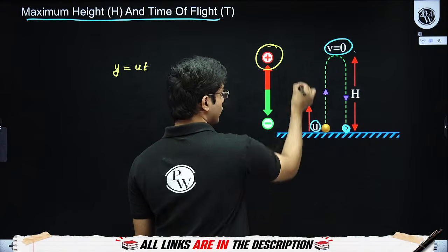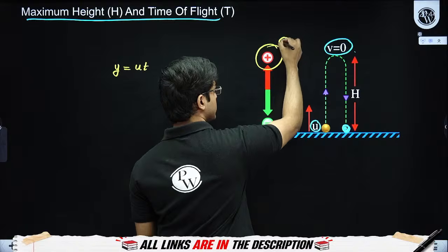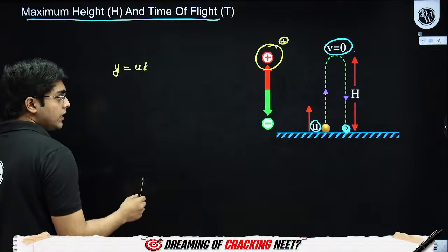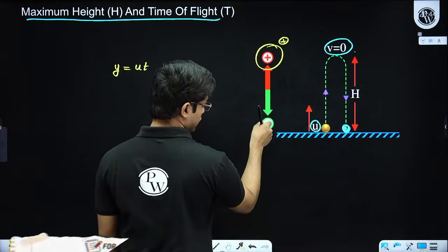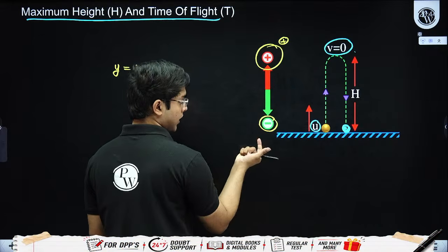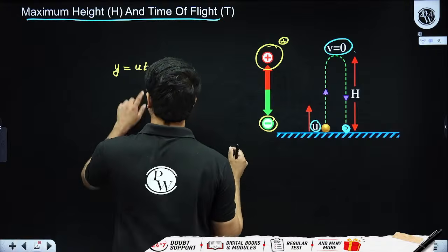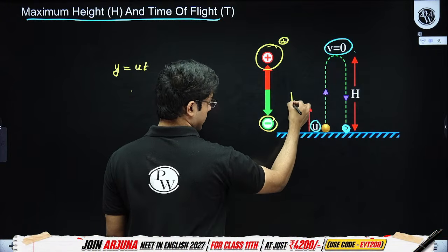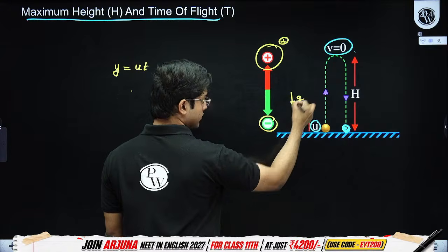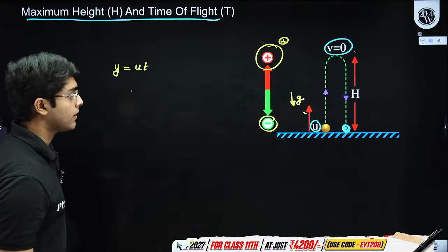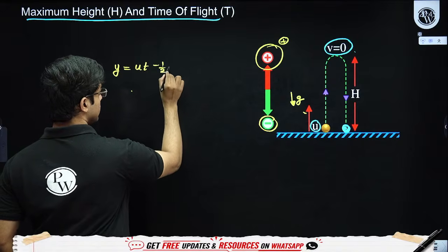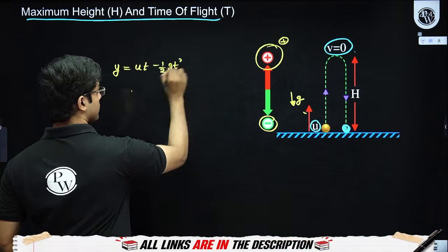You have to choose one direction as the positive direction, so any vector in the downward direction will be negative automatically. u is upwards, so I wrote it as positive. g is actually downwards, g is always towards the ground, so we will substitute g with negative. So minus half gt square.